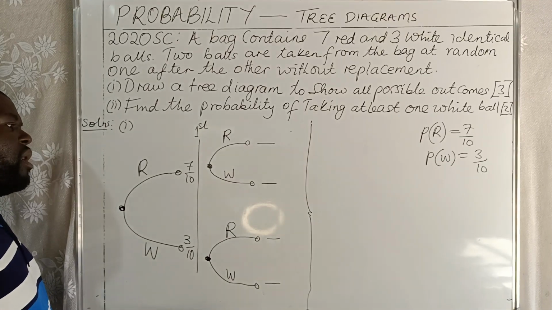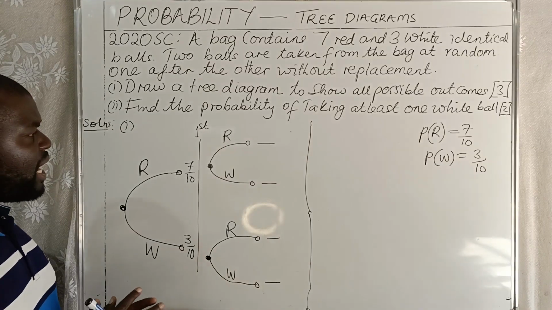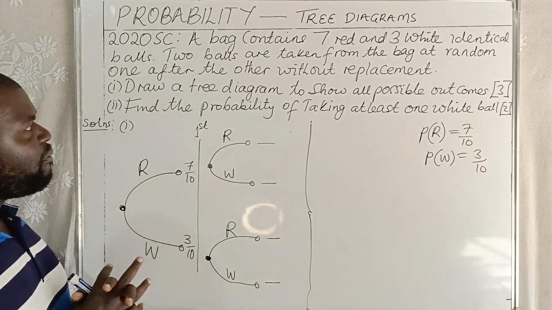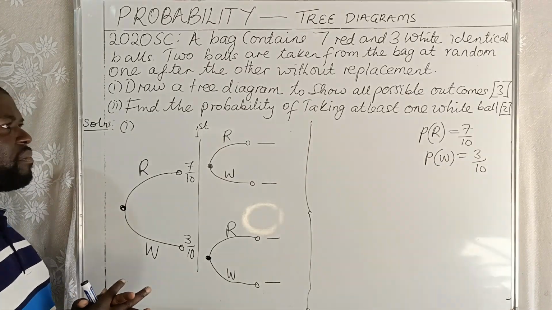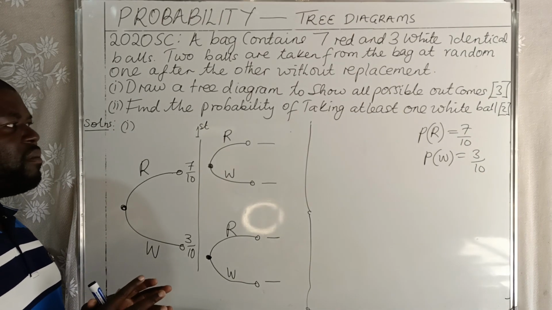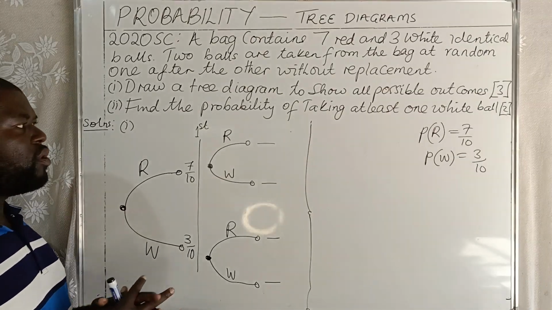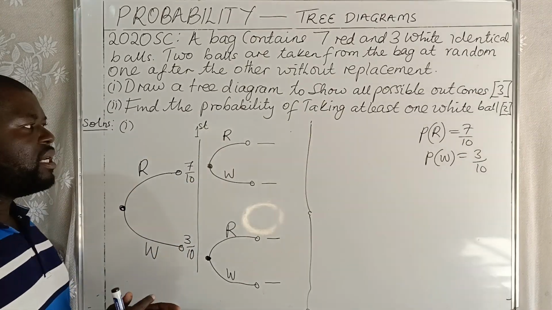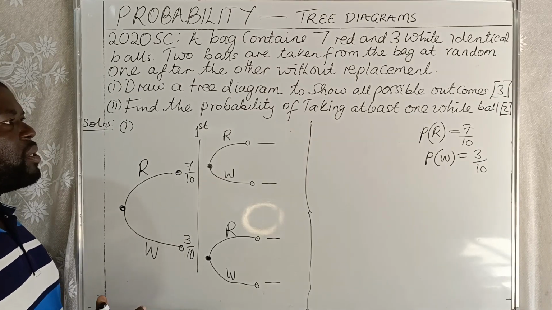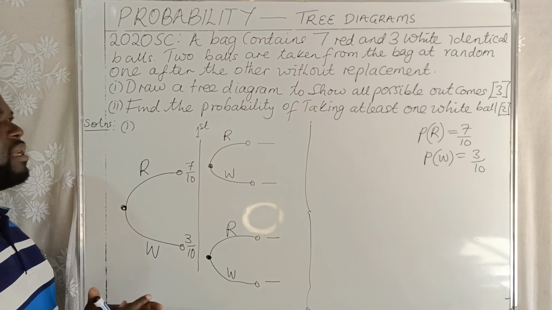We are told that two balls are taken from the bag at random. At random means there is no bias in the picking.